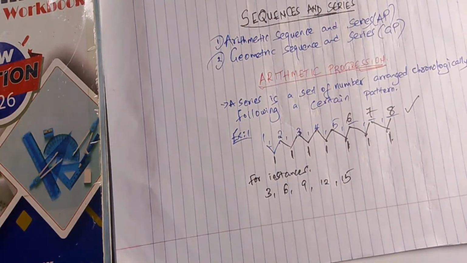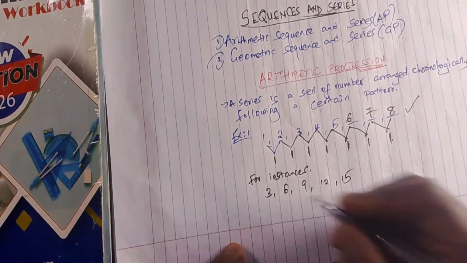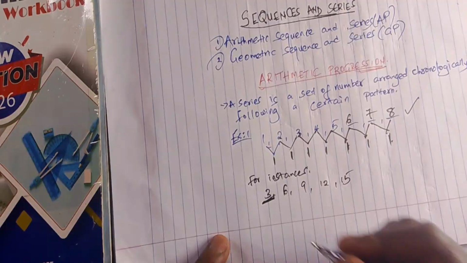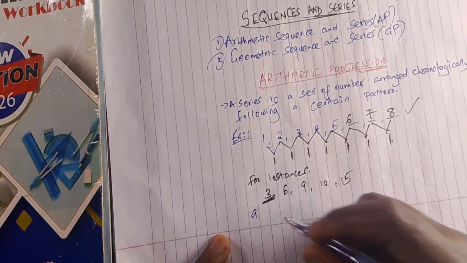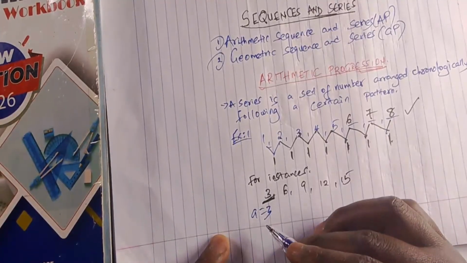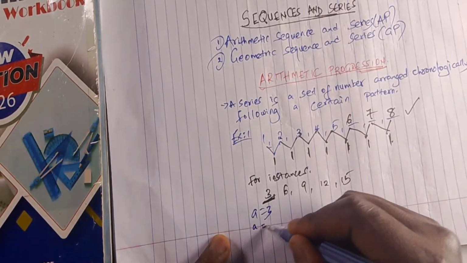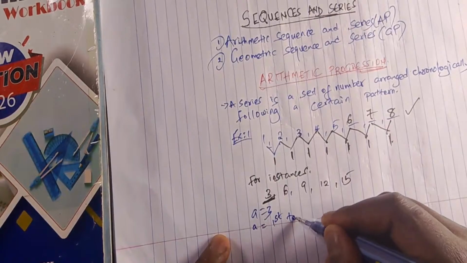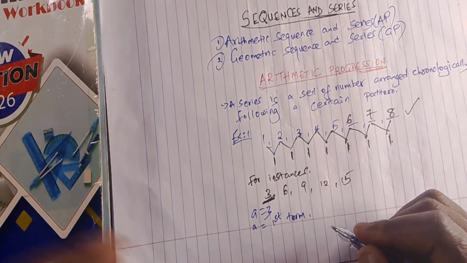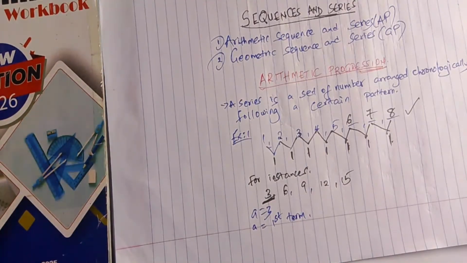The first number we are seeing here, which is 3, we call it the first term, which is represented by A. So our A in this case is 3, and A represents the first term.